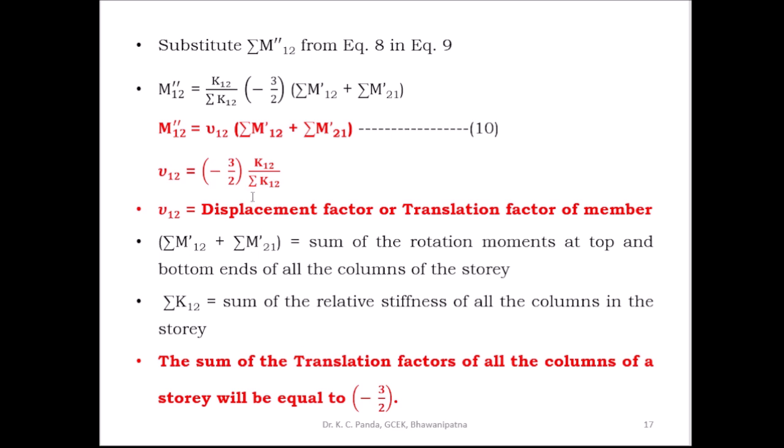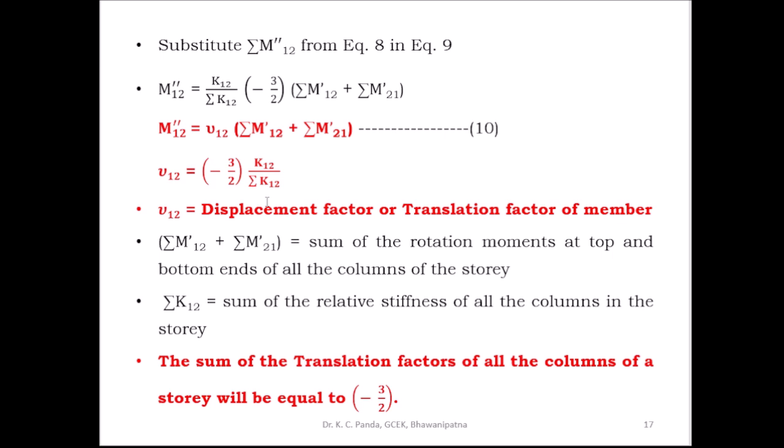And the translation factor that you can find out by using this expression, nu 12 is equal to minus 3 by 2, the relative stiffness of the vertical member divided by the sum of the relative stiffness of all the vertical members in the same story. Nu 12 is equal to minus 3 by 2 into k12 by summation of k12.